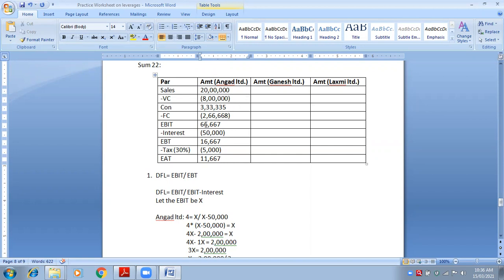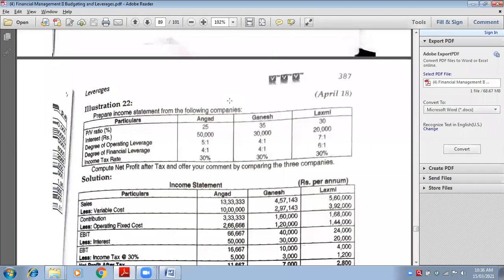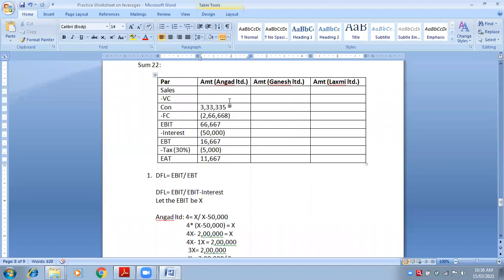Okay. So now see, contribution found out, fixed cost done, EBIT we have already found out, interest was already given. With the help of EBIT minus interest, we have found out EBT. Tax rate is already given as 30%, and therefore EAT is already with us. Now what about sales and variable cost? It is very simple. PV ratio is given in this question.